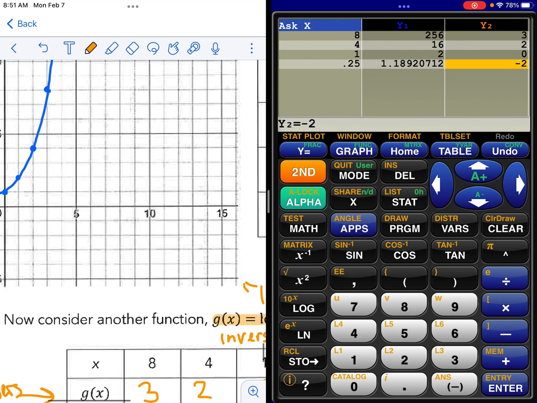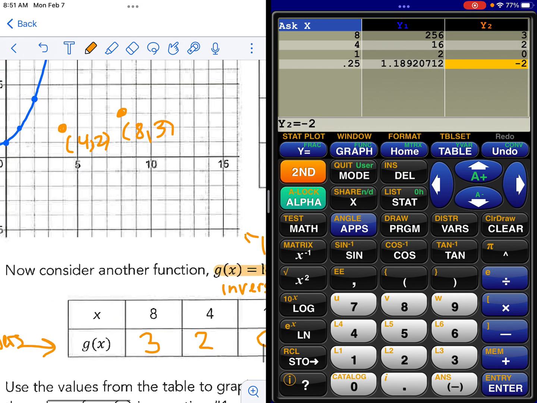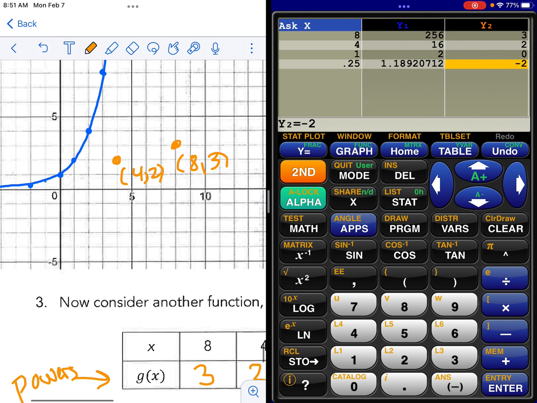And so if we graph this, it's 8 comma 3, which is right there. That's 8 comma 3. And that's 4 comma 2. It's right there, 4 comma 2. And we have 1 comma 0.